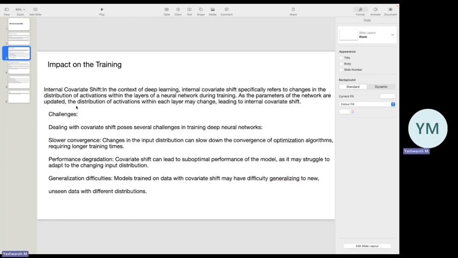Generalization difficulties: models trained on the data with covariate shift may struggle generalizing to new unseen data with different distributions. So this generalization difficulty implies that the model is not able to perform well on the unseen data.